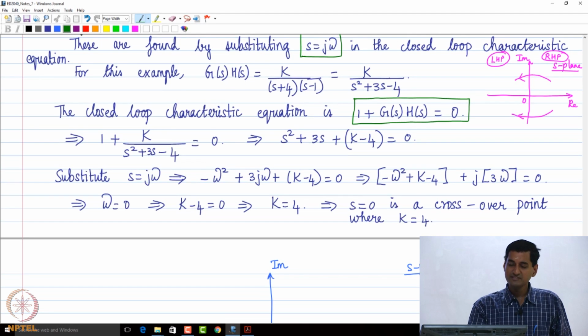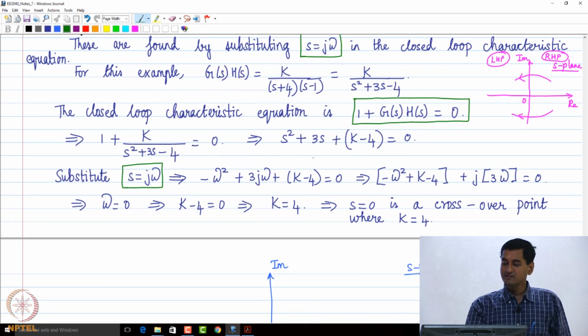Now we substitute s equals j omega into this particular equation, right? Because please remember, the roots of this closed loop characteristic equation are the closed loop poles. So we are looking for closed loop poles which are purely imaginary. So we essentially substitute sigma, the real part, to be 0.